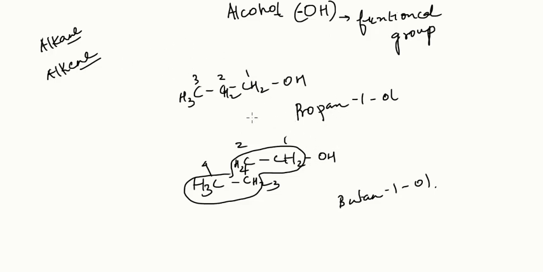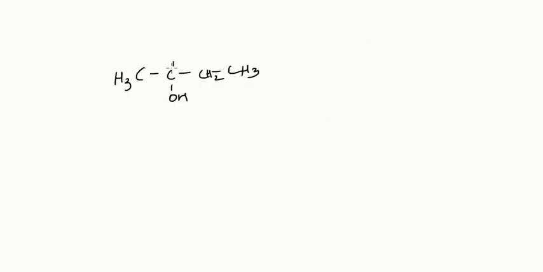Okay, so now this was if the alcohol is on the first position. Now we will be seeing many other molecular structures for alcohol. So in this, what we see is that the alcohol is on the second carbon atom. In the previous examples that we did, the alcohol was on the first, but here it's on the second.